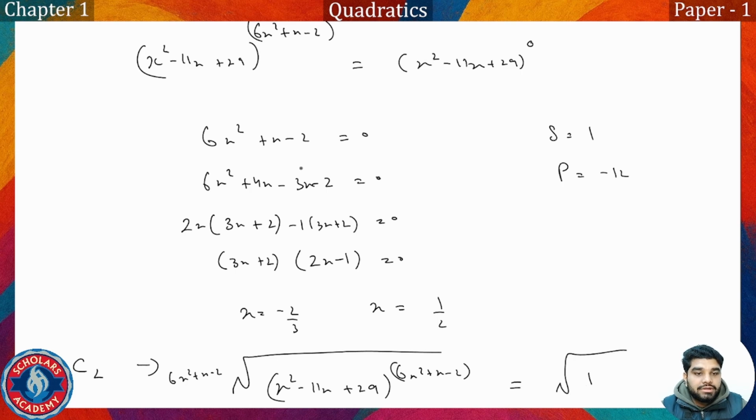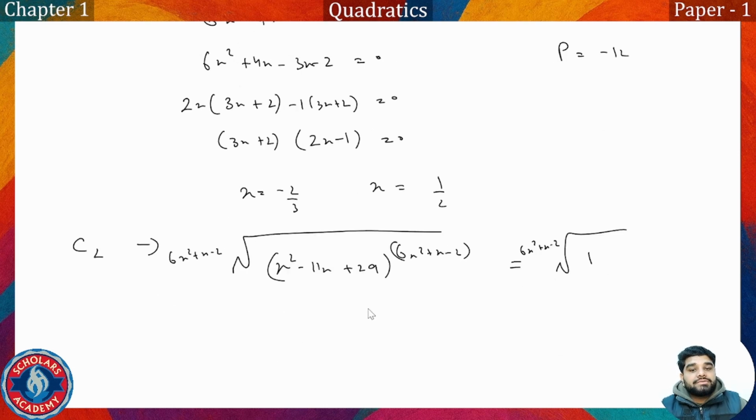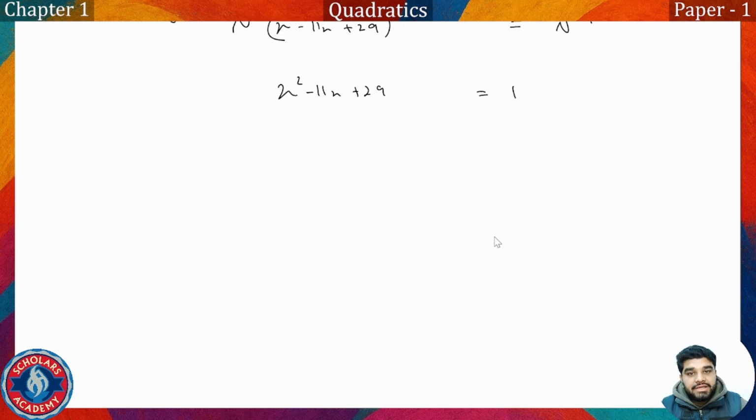It becomes the root of 1 to the power 6x square plus x minus 2. So this will remove the powers, and any root of 1 is 1. So we get x square minus 11x plus 29 is equal to 1. Taking 1 to the left hand side, we get x square minus 11x plus 28 is equal to 0.